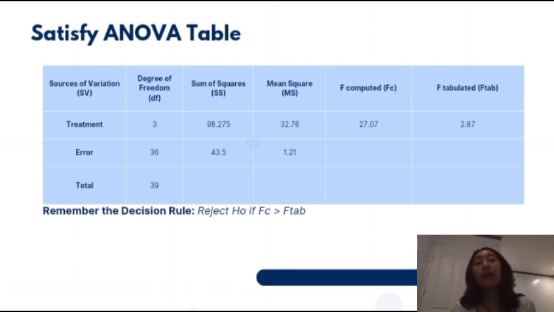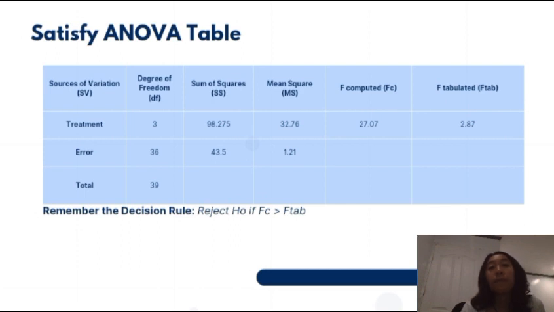So, yan yung mga values na na-compute natin kanina para makuha yung FC. The sources of variation, we have treatment, error, and total. Sa degrees, yung 3, 36, and 39 kanina. And then the sum of squares, lahat lang yan nanggaling doon. So, you're just gonna look dun sa previous slides, yung mga data na nagko-correspond dito.